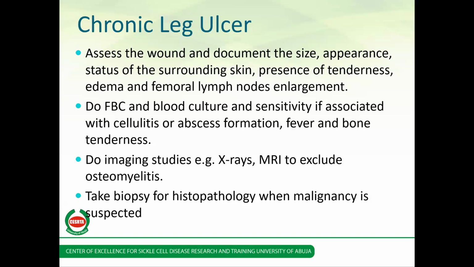Do a full blood count and blood culture and sensitivity if associated with cellulitis or abscess formation, or if the ulcer is discharging, and if there's also associated fever and bone tenderness. Do imaging studies, such as X-rays and MRI, to exclude osteomyelitis, and take biopsy for histopathology when malignancy is suspected.